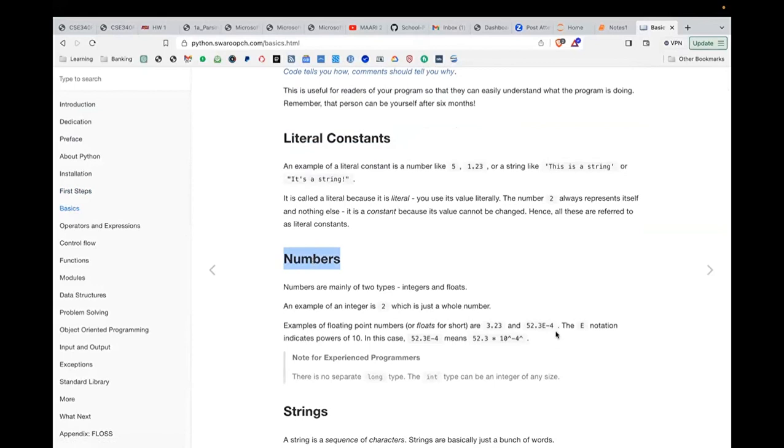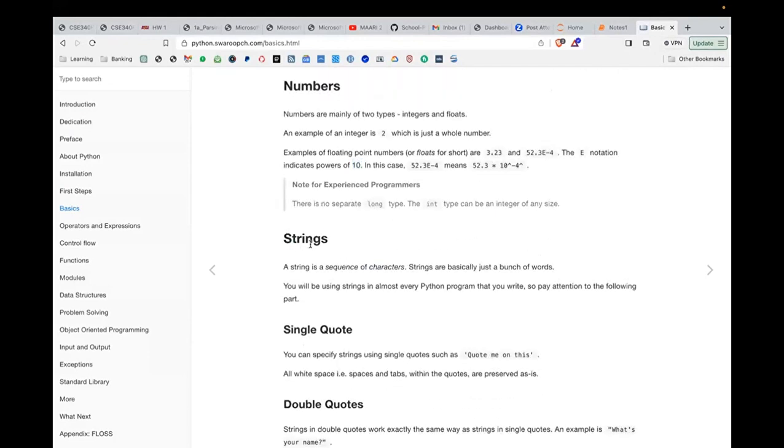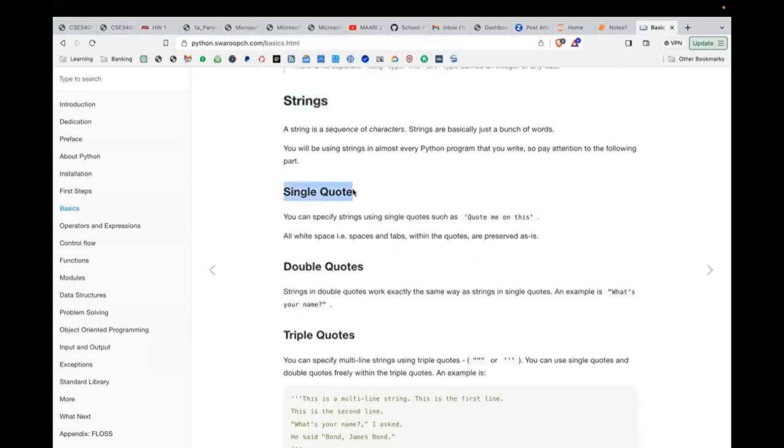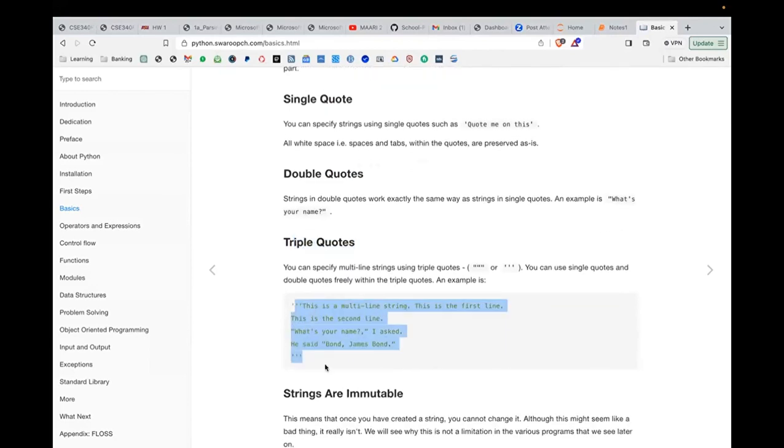They can be represented as 3.23 or with e to the power -4. E is just a notation for 10 to the power. Strings you have learned: single quotes, double quotes, triple quotes. Triple quotes are used as comments, or for multi-line string declaration.